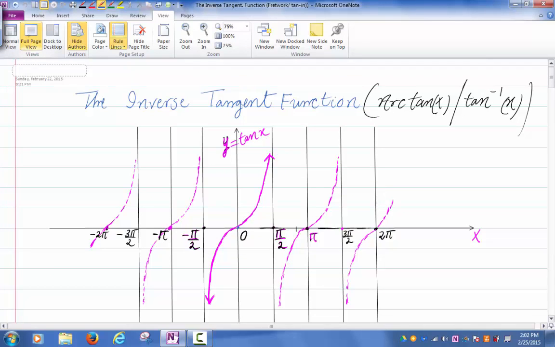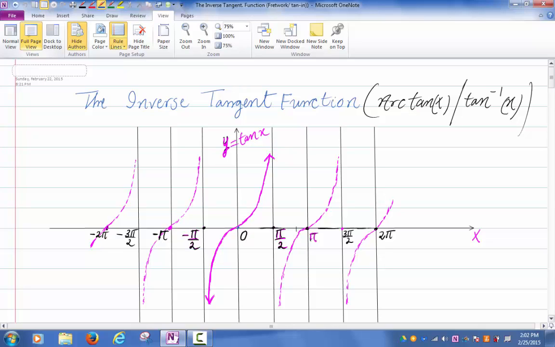The inverse tangent function, what are the notations that are used for that? Arctangent of x. Usually people don't write parentheses around x. Tangent with a -1 in the superscript of x. That's also used without the parentheses as well.